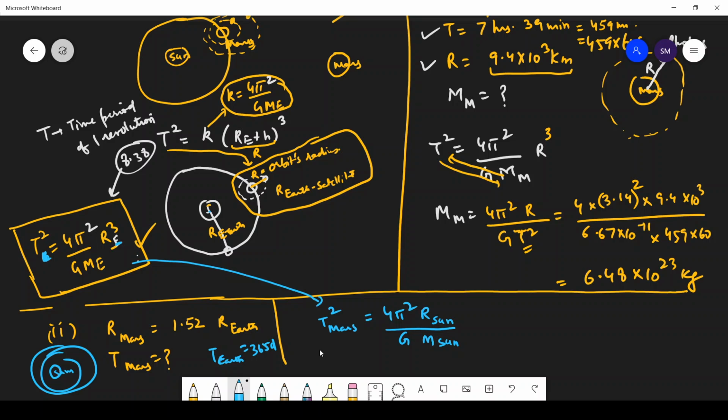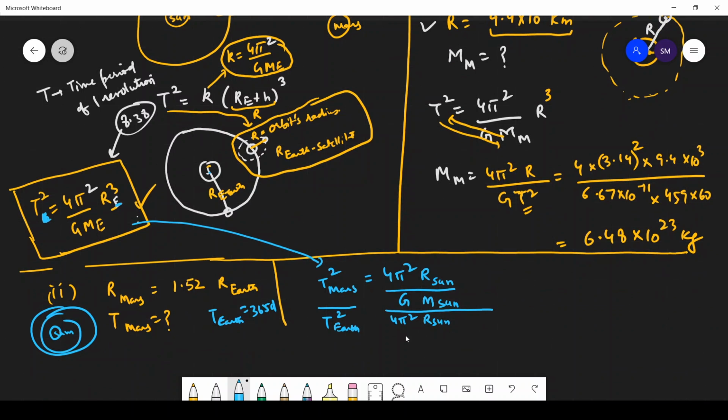And similarly, now I have for Earth also, and ultimately these are the constants, and I have to connect these two. So this is the only way to get them connected. So what is the formula for the Earth revolving around the sun? Time period of the Earth is equal to, here also, radius of the sun divided by G and mass of sun.